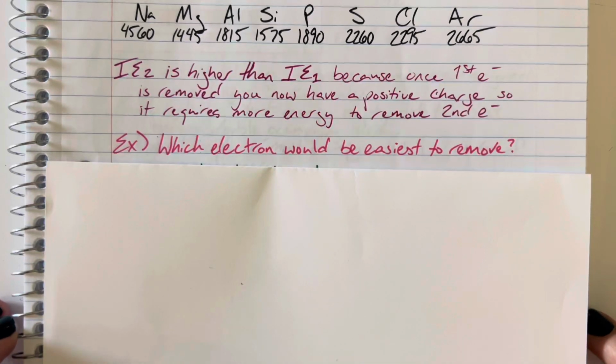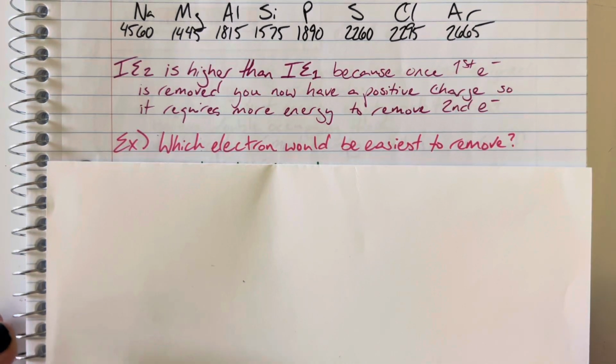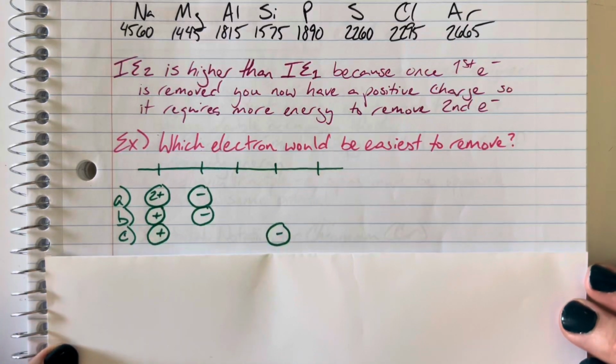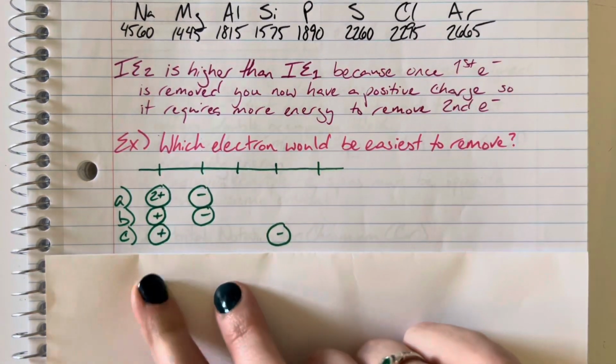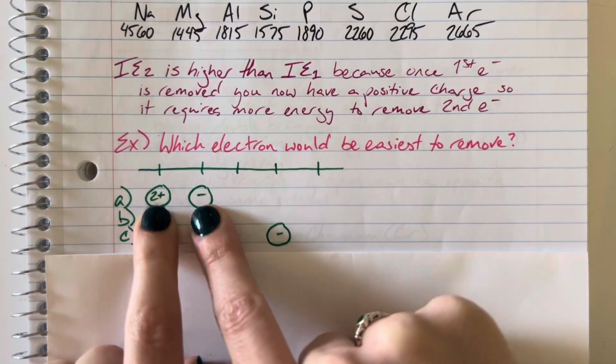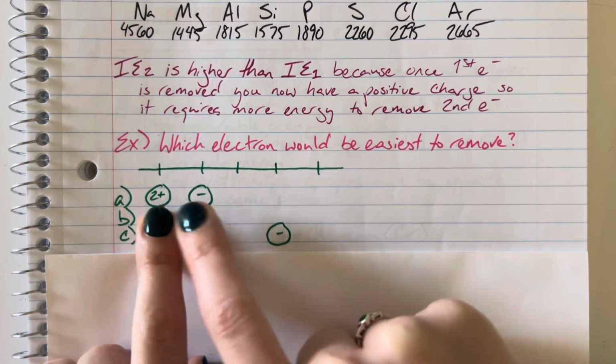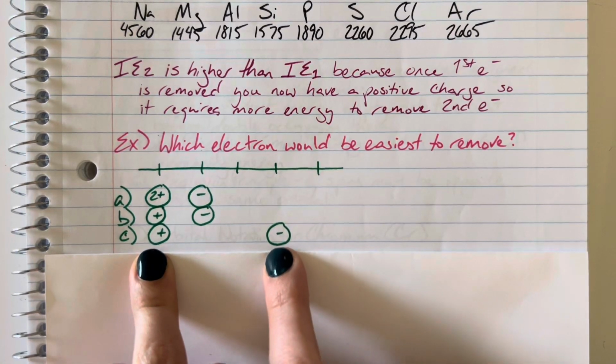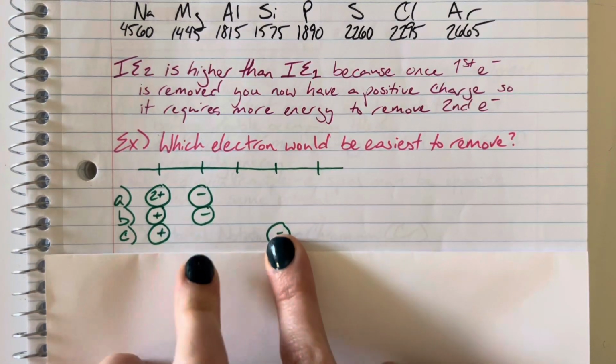So as we look at this example problem, which states which electron would be easiest to remove, we have 3 examples here. We have charge differentials where we have 2 plus and 1 minus, a plus and a minus, and then we have a distance differential between plus and minus.